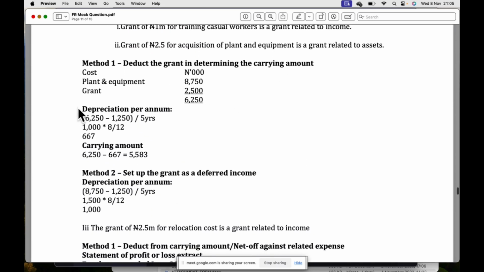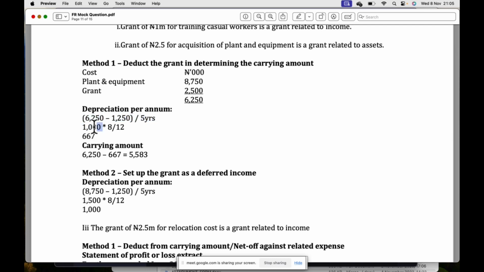So in determining my depreciation, I take the cost I've computed here, 6.25, which is the cost of the asset, minus residual value, which is 1.25, divided by useful life, which is 5 years. When you punch your calculator, you will get 1,000.